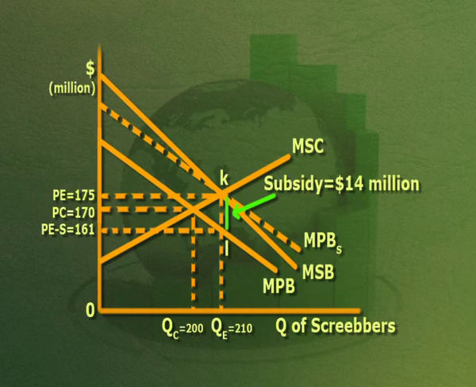The effective price to polluters would be the efficient market price less the subsidy, or PE minus S, which in this case would be 175 million US dollars minus 14 million US dollars, or 161 million US dollars.